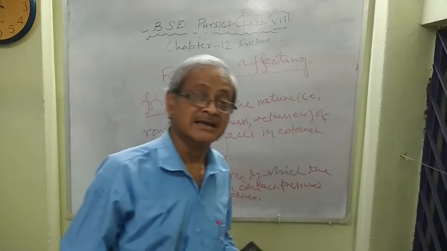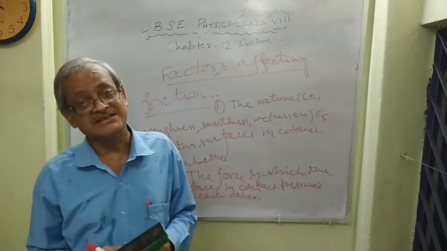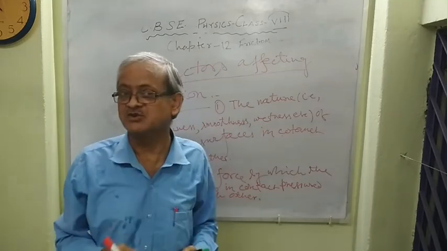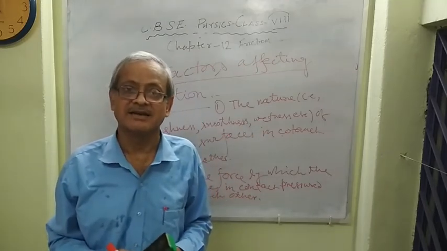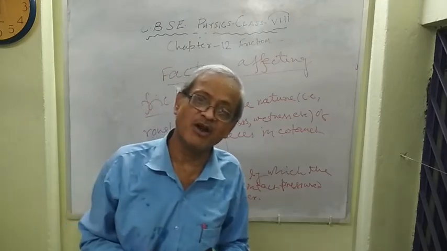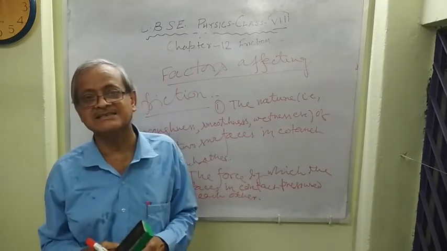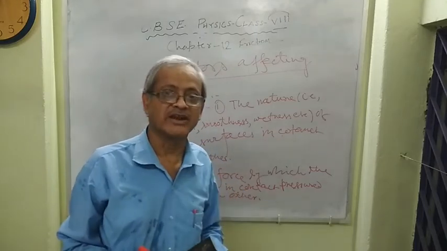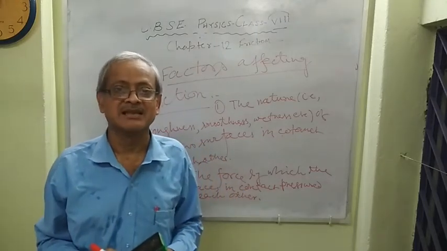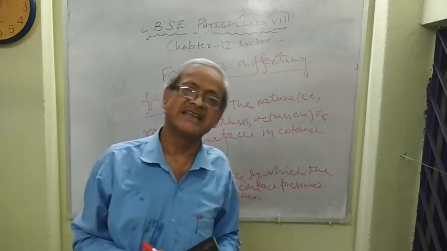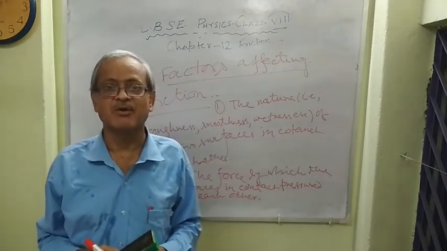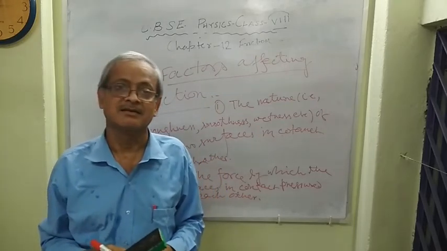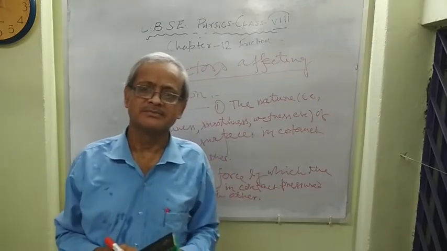That is, it depends upon the force by which these two surfaces are pressed to each other. If we take a steel ball and a wooden ball of the same size and place them on a table, the steel ball gives more friction than the wooden ball or rubber ball.